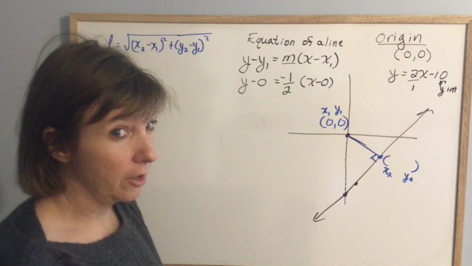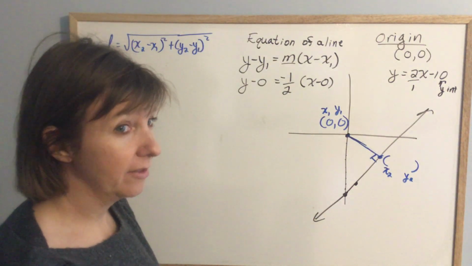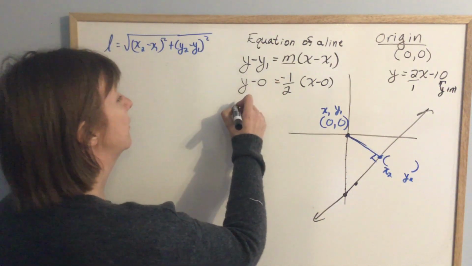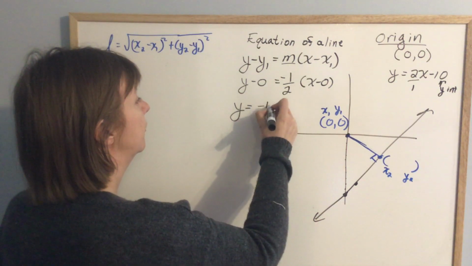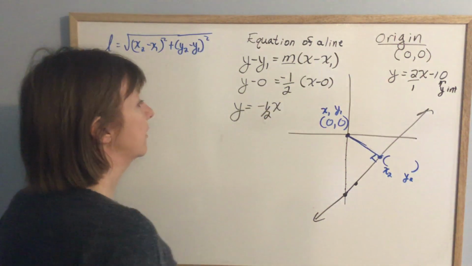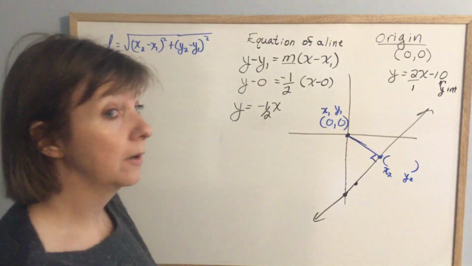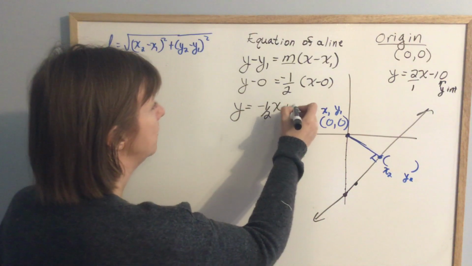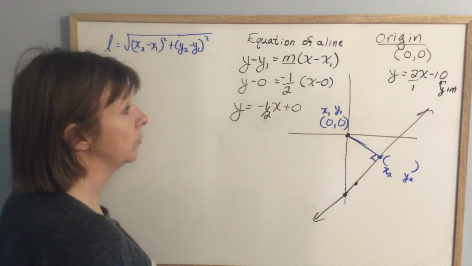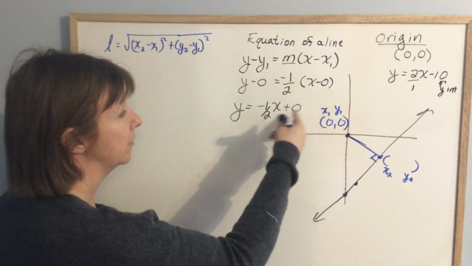Now you say that looks very confusing. You're right, it does. But y minus 0 is just y. And this would be negative 1/2 times x. That's the equation, because here's my slope, so mx, and my b is actually 0, plus 0, right? Because the y-intercept is at 0.